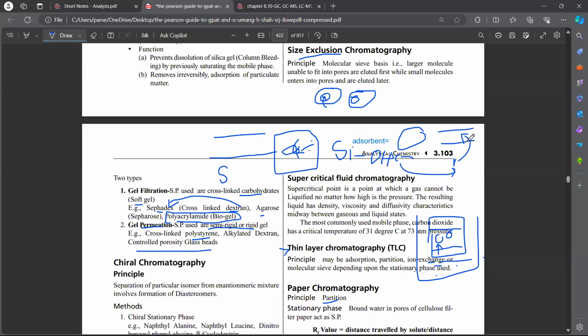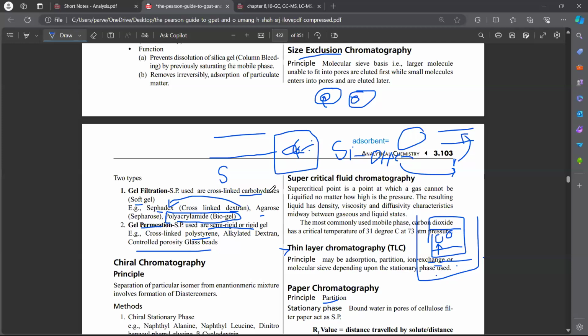Whatever HPLC columns we see, the C18 column and C8 column, basically consist of octadecyl silica, where we convert the polar silica into non-polar silica by adding non-polar silylating agents, which decreases its polarity.